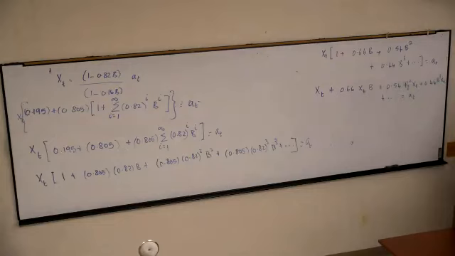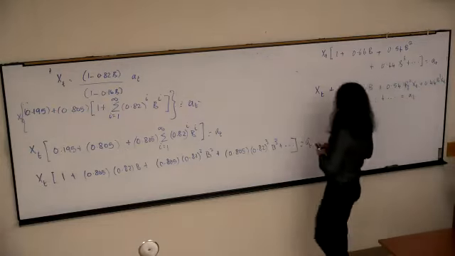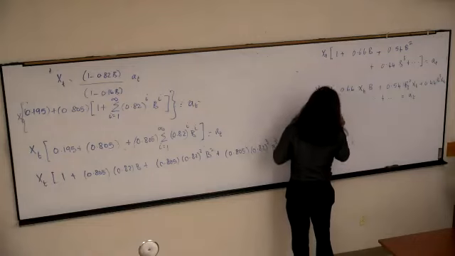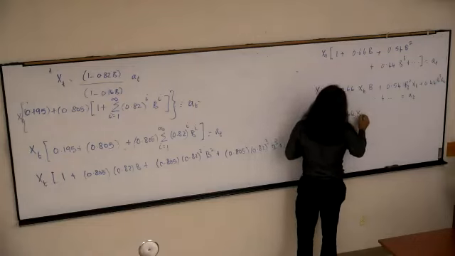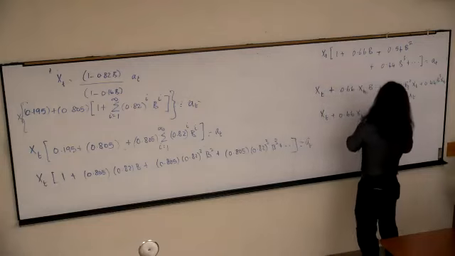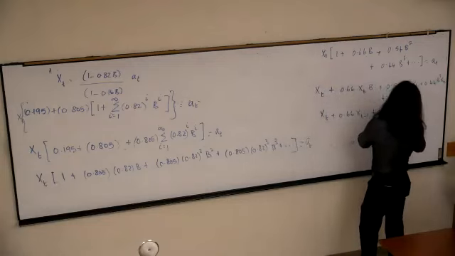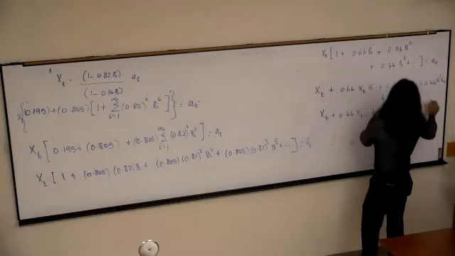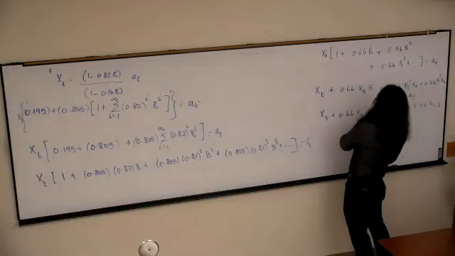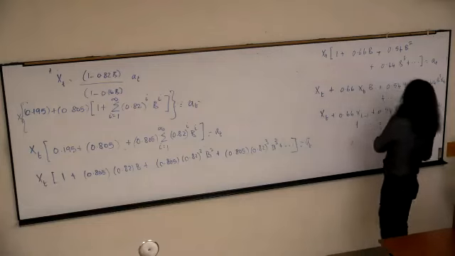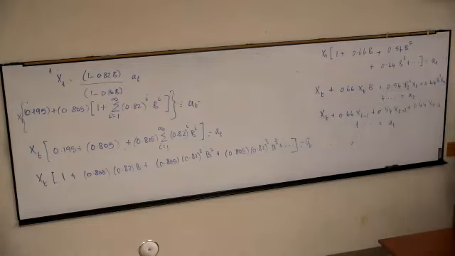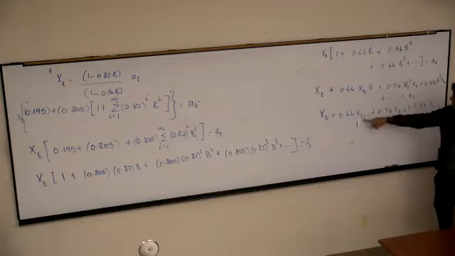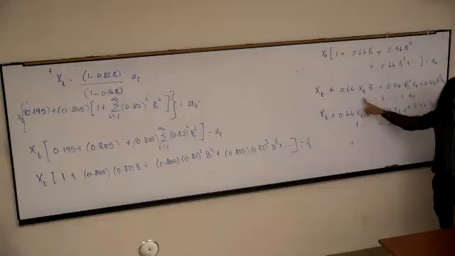What should I do? Simply apply it, and I'd end up having xt plus 0.66 xt minus 1 plus 0.54 xt minus 2 plus 0.44 xt minus 3 plus dot dot dot equals a_t. The b applied to xt gives xt minus 1, the backward operator.